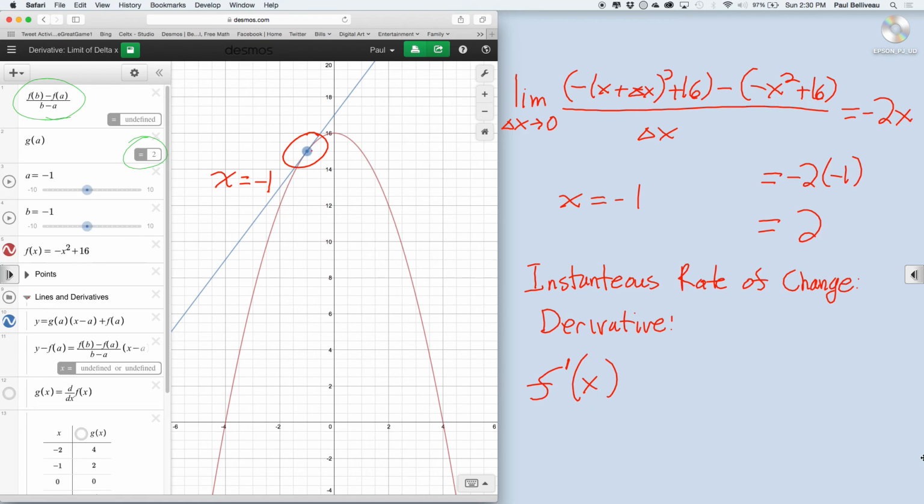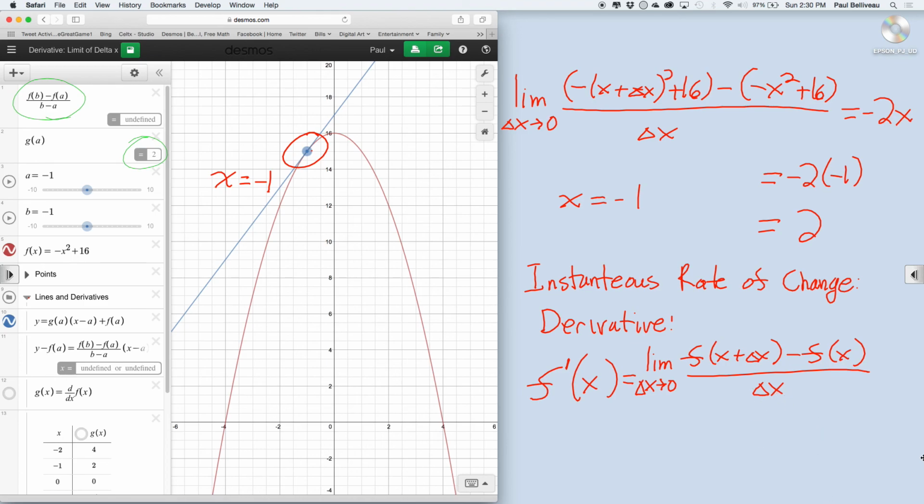It's an apostrophe. It's pronounced f prime. And its formal definition is the limit as delta x approaches 0 of f of x plus delta x minus f of x, divided by delta x. This is called the limit definition of the derivative. It's very important. It's what a derivative really is.